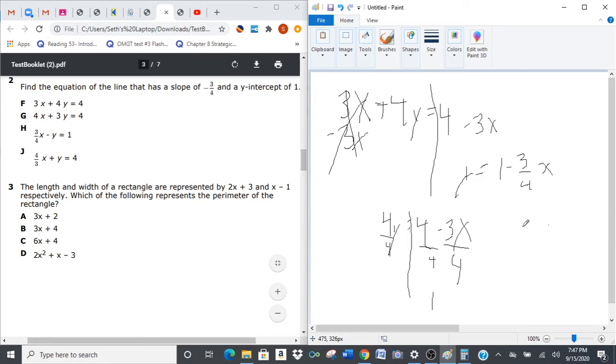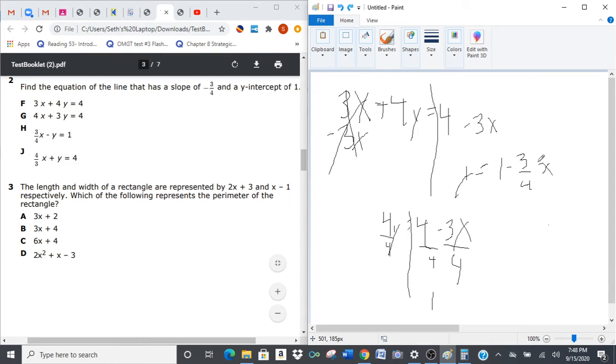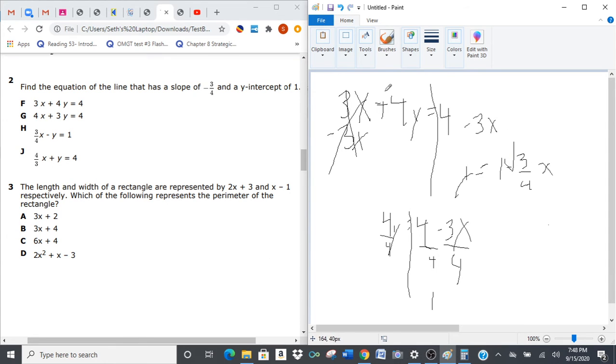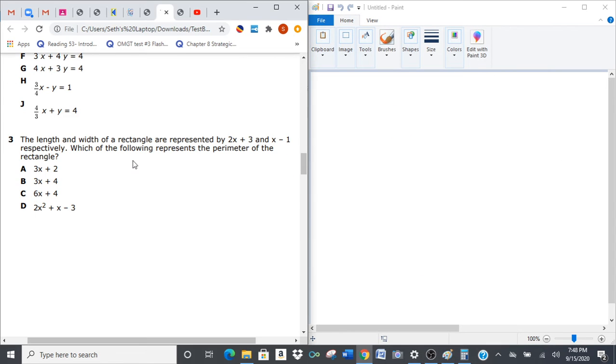Remember, slope is the mx. All they did was swap it. The -3/4 is the slope, and your y-intercept is 1. It was just swapping how we wrote it. Alright, let's see what else we can do.